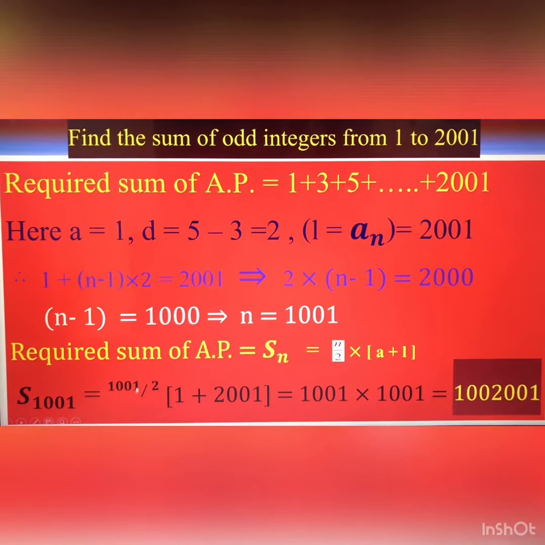So this is 1001, and simplifying, the product of 1001 into 1001 gives 1002001. So this is the answer, and this is the application of the sum of n terms of the AP.